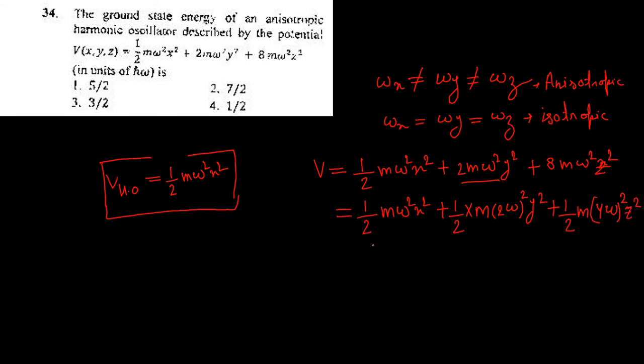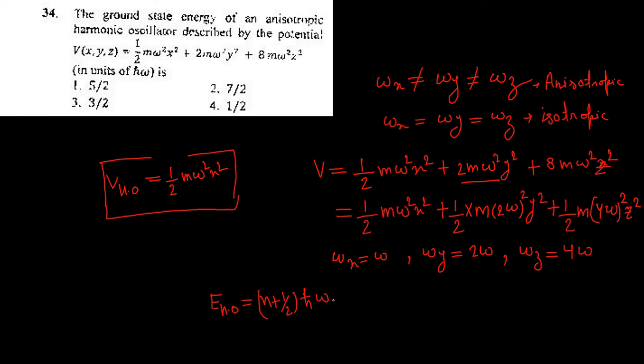Okay. Now your omega x is omega, your omega y is 2 omega, and your omega z is 4 omega. You can also write them as omega 1, omega 2, omega 3. Now the ground state energy. So the energy of the harmonic oscillator is n plus half h cross omega.